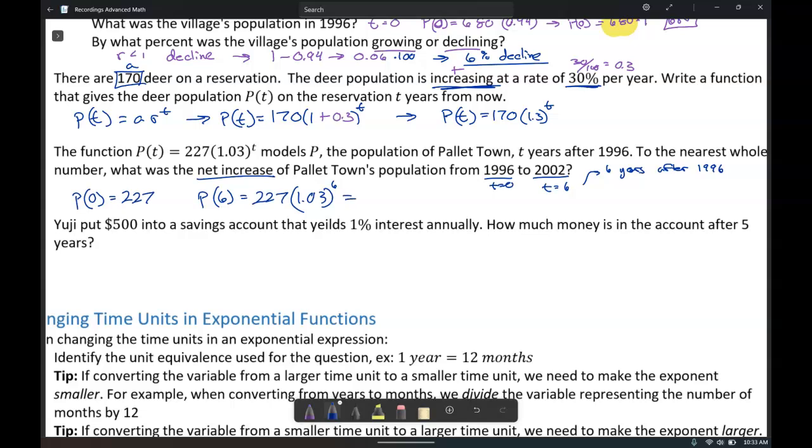When we evaluate, we get approximately 271, rounded to the nearest whole number. To find the net increase, we just find the difference between the two. The net increase is 44 people.